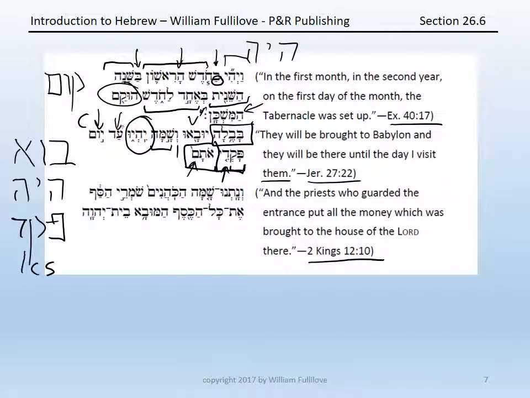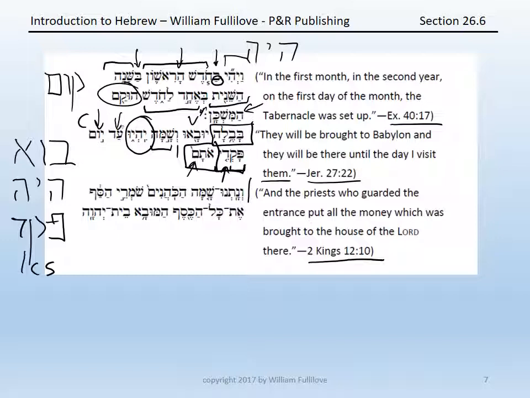Thirdly, 2 Kings 12:10. V'natnu shamah hakohanim shomerei hasaf, et kol hakesef hamuva beit Adonai. So begin with the verb, a qal converted perfect, third common plural of natan, to put or place or give.